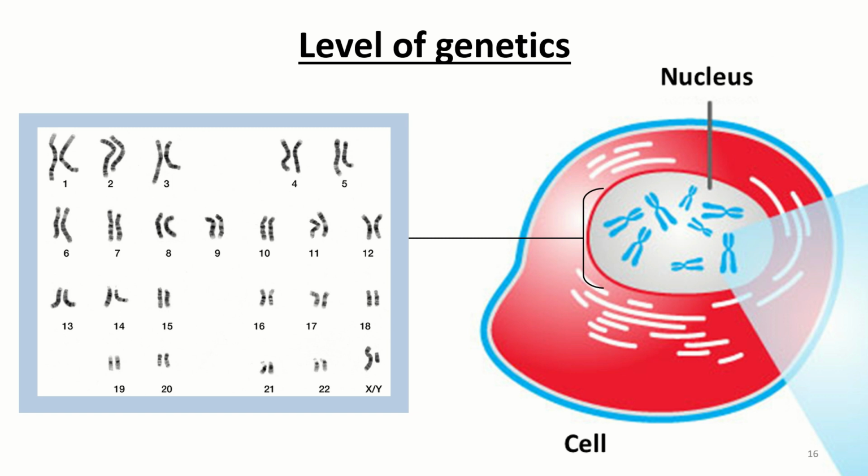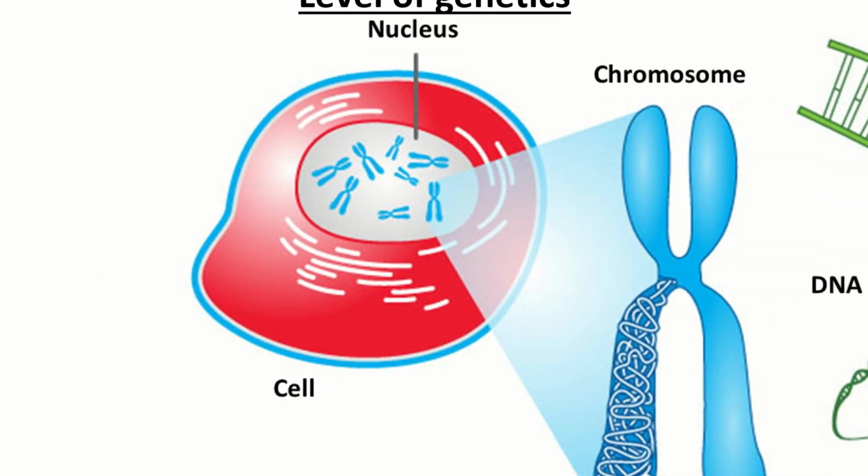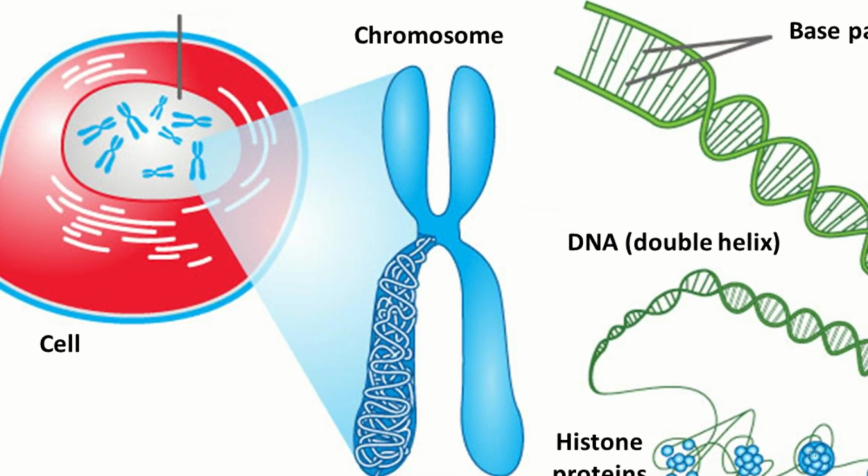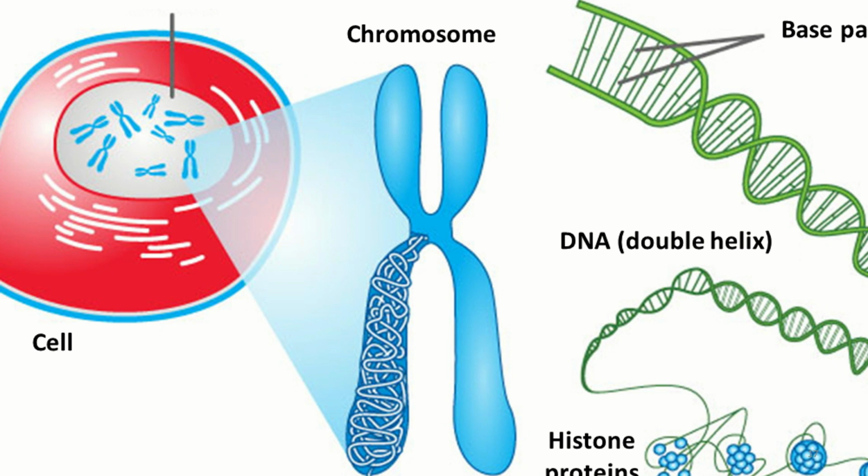Inside the cell, we can find the nucleus, consisting of 46 chromosomes. Humans have 46 chromosomes. They store important information. They are the blueprints of life. Then we zoom into one of the chromosomes.